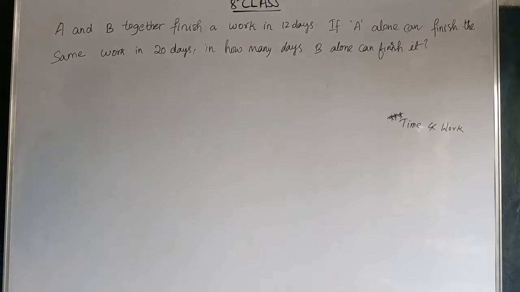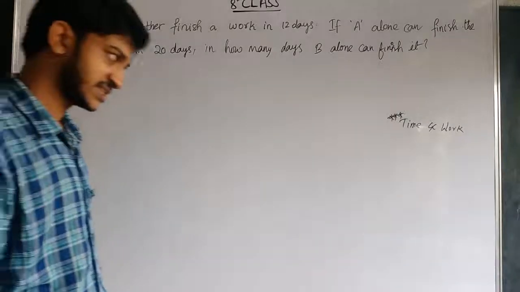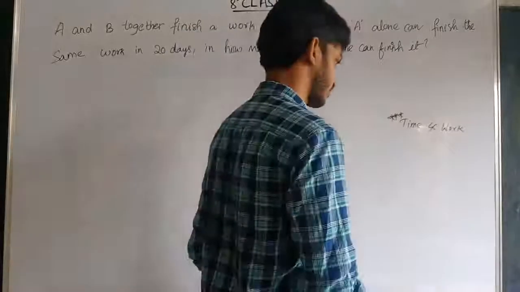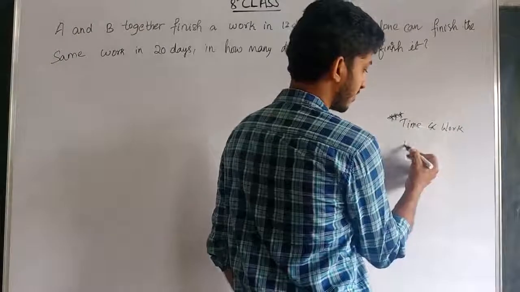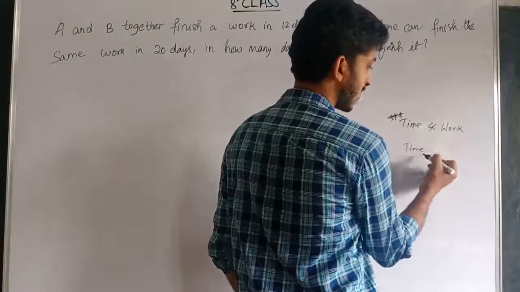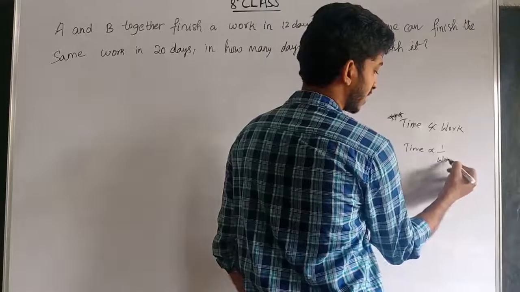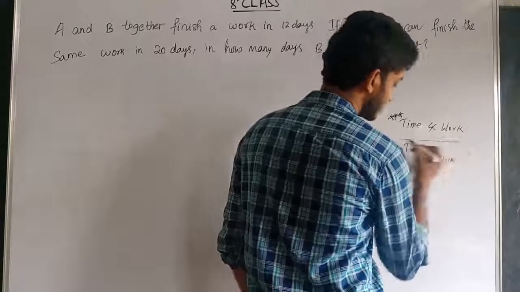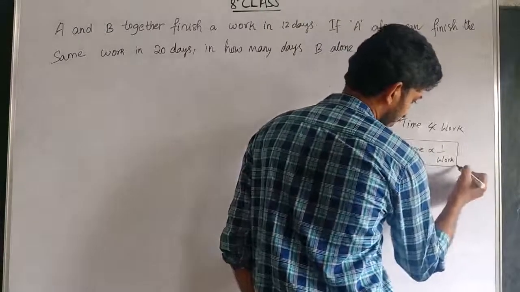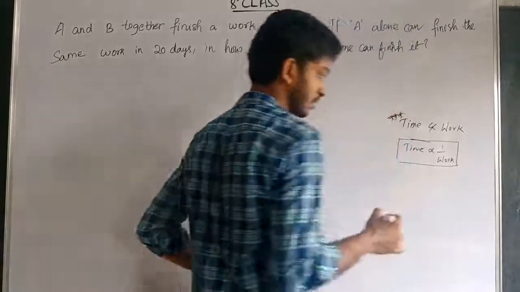If A alone can finish the same work in 20 days, in how many days can B alone finish it? The important thing we have to learn is time and work are inversely proportional. This is the very important point you have to remember.